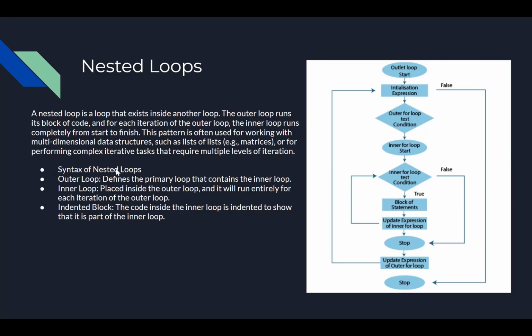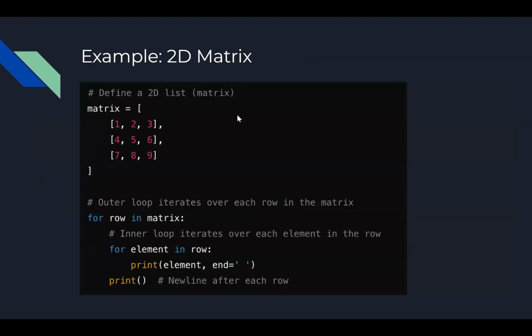So now we'll go over some syntax of loops. First of all, the outer loop will define the primary loop. This contains the inner loop. The inner loop, you put it inside the outer loop, and it will run the full loop every single time the outer loop runs. And then the index block is just for syntax. So let's look at this example here. Say we have a matrix.